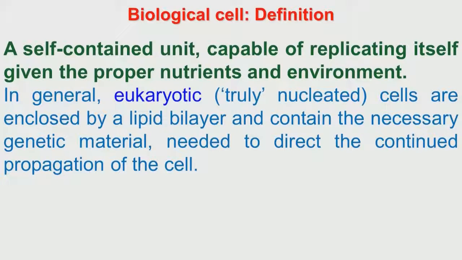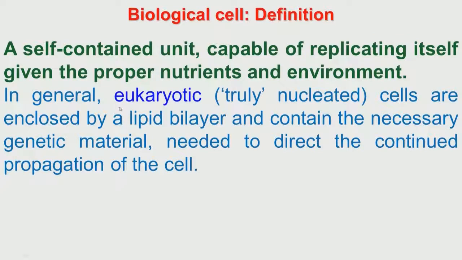So, then I will explain it more, and it is also capable of replicating itself. That means, it can propagate from 1 to 2, 2 to 4, 4 to 8, like cells can undergo cell division. And cell division is possible only when proper cellular microenvironment exists. That means, the cell is provided with proper nutrients and environment.